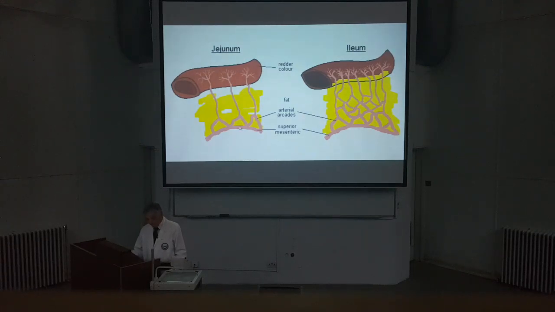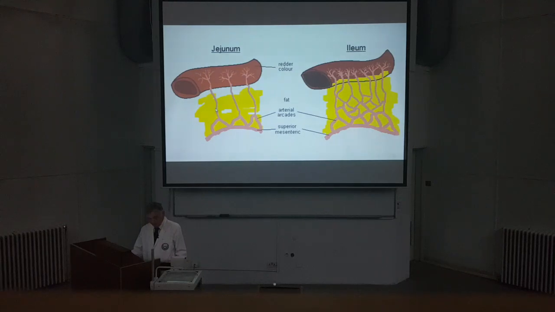It starts with an arcade. Okay? Starts with an arcade. They come from the superior mesenteric. It is one arcade in the jejunum and a branch that goes to the jejunum, and there is no anastomosis here.